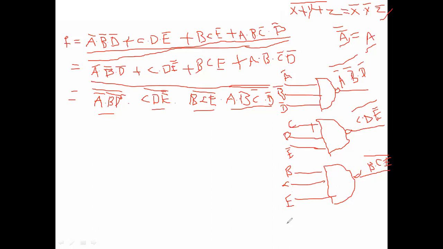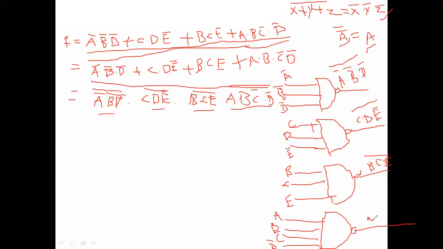Okay, what is the fourth term? 4 inputs are there. A, B, C bar, D bar. Okay. A, B, C bar, D bar.